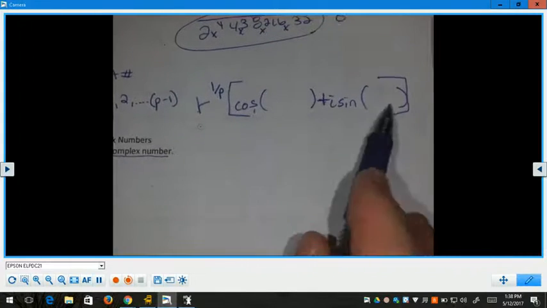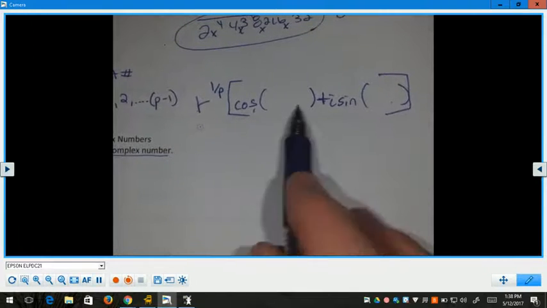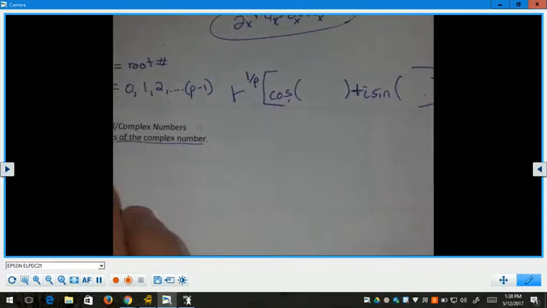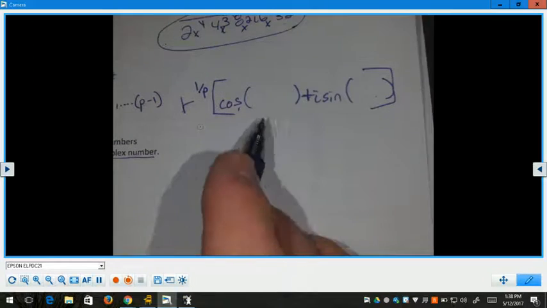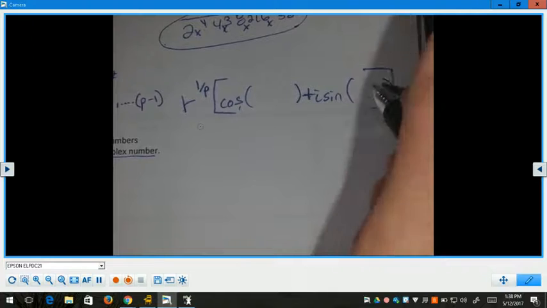Now, I'm going to write it in here, but technically I actually find what this is going to be before I start writing this as I do each root. So what goes in here is theta plus 2 times n times pi all over p.